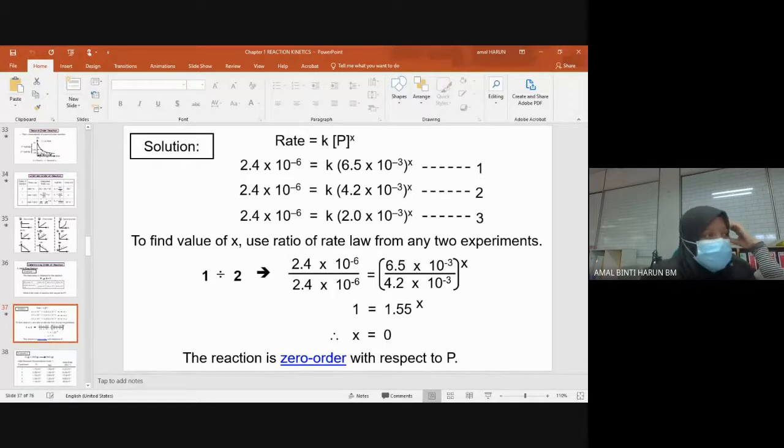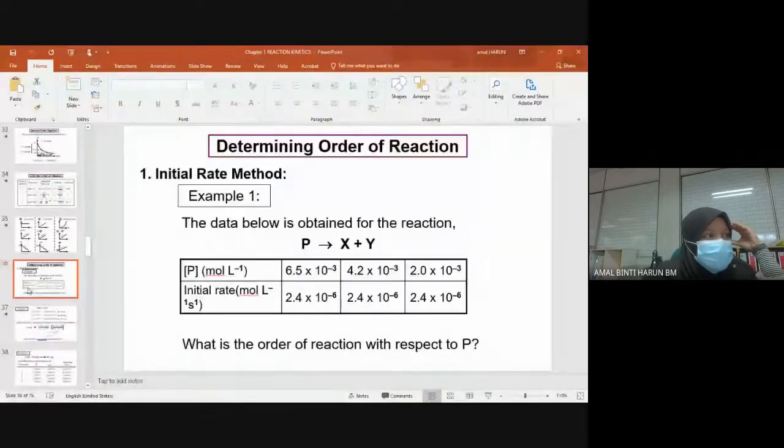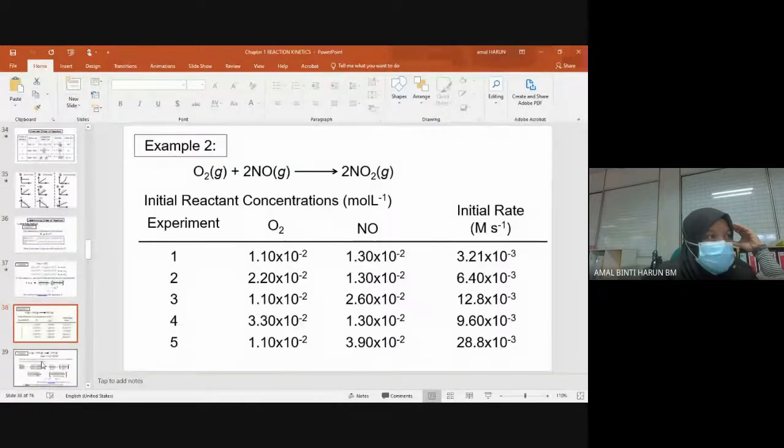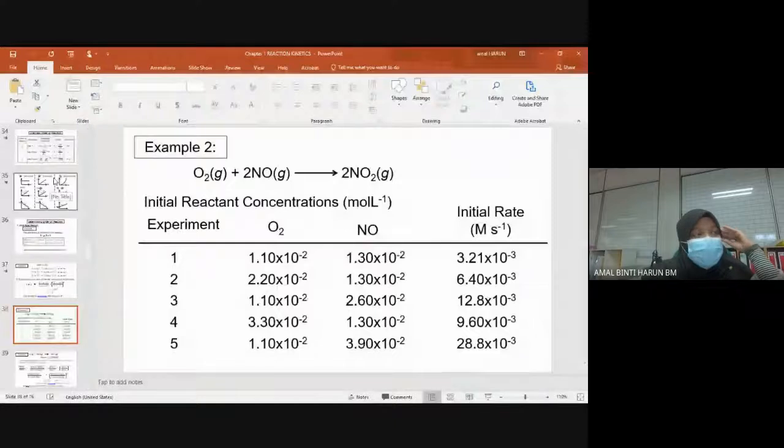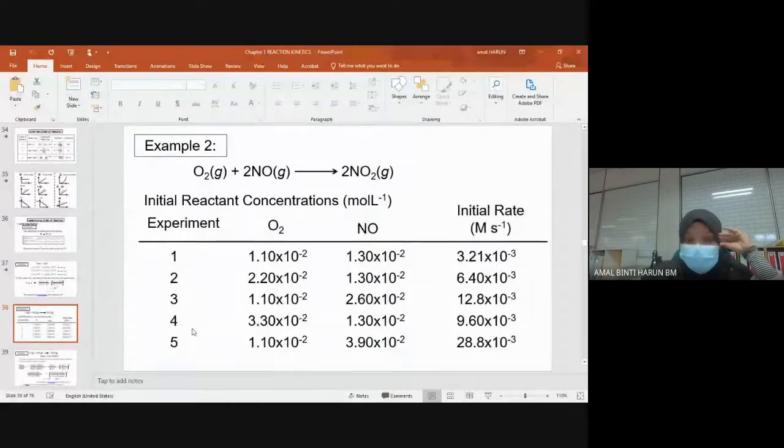Mana data tu? Macam ni lah saya bagi ni ya. Okay. Katakan kita ada lima eksperimen bagi satu tindak balas. Tindak balas dia benda yang sama je, iaitu oksigen react dengan NO menghasilkan NO2.